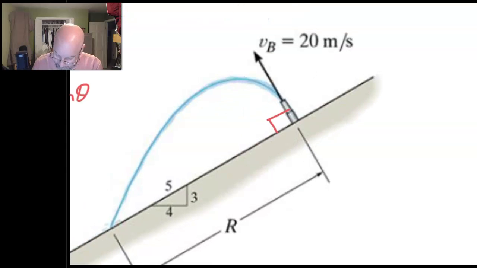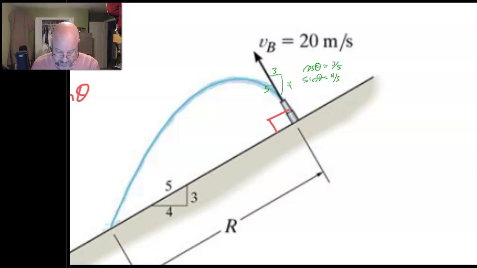If we consider our trajectory to be the hypotenuse, what we're looking at is something like this. This becomes the 4, sine becomes a cosine, cosine becomes a sine, this becomes a 3, and there's our 5. So in our scenario, cosine theta goes as 3/5, and sine theta goes as 4/5.